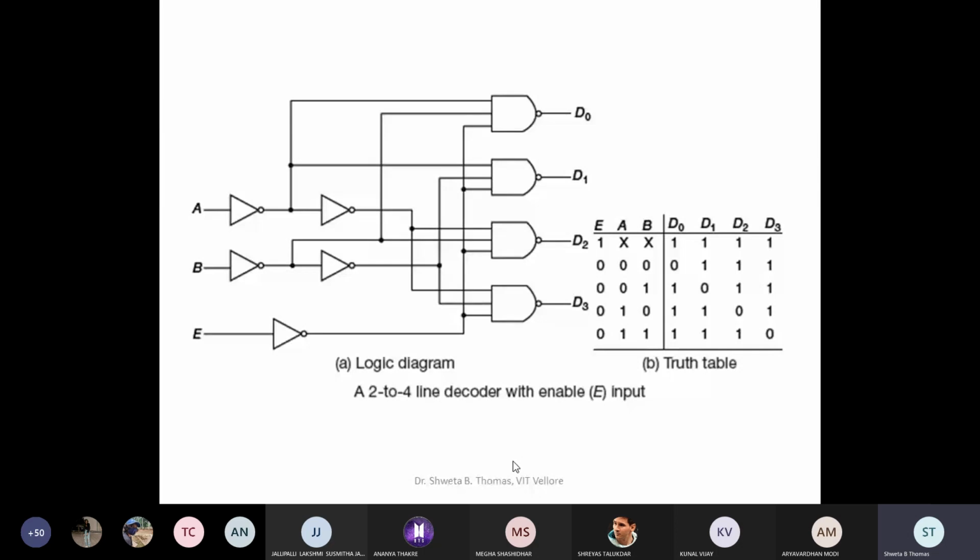So this is the truth table and logic diagram for a 2 to 4 line decoder with enable E input. Any doubt, any confusion, students?